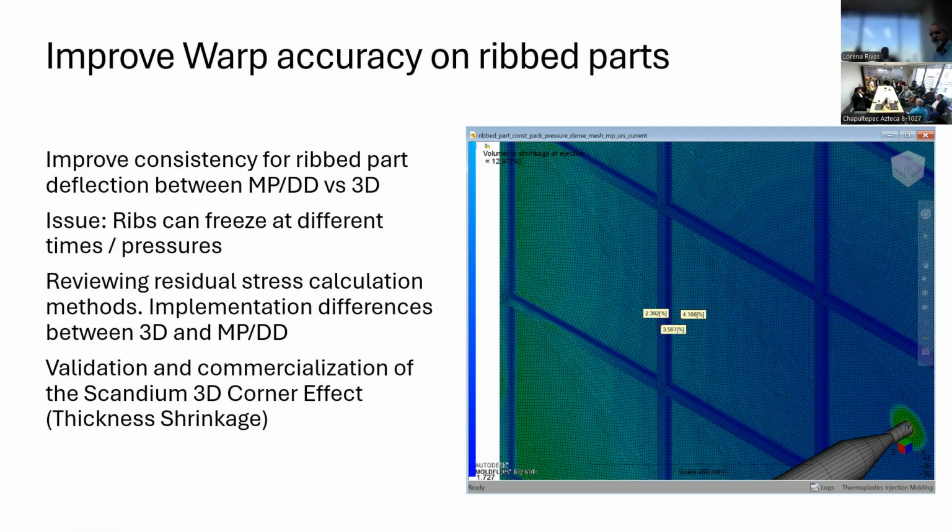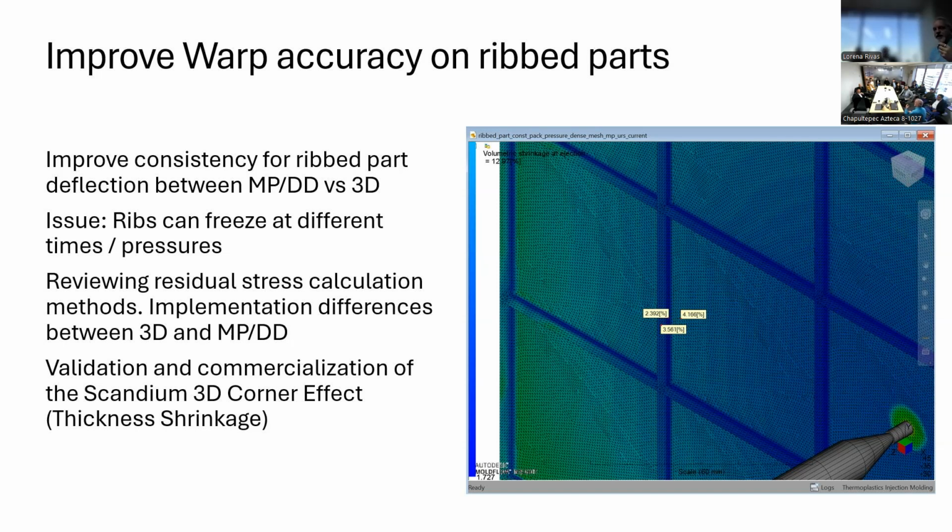Another thing we are working on is reducing the difference between dual domain warp predictions and 3D. Two areas in particular that we're working on: first, addressing one of the fundamental differences in the way dual domain warp handles low RIP situations.